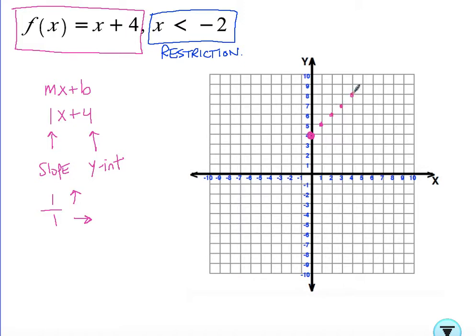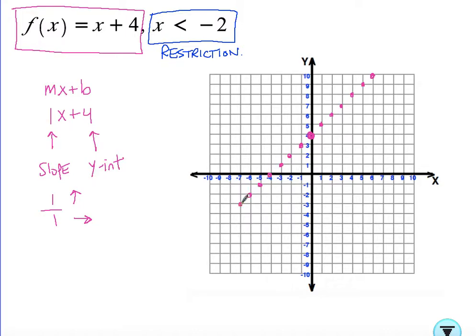Okay, and now I would recommend that you graph the entire line all the way as much as will fit on the graph. Because what you don't know yet is what the restriction is going to look like. So you need to continue the line in the opposite direction as well by going down 1 over 1 and get that line to fill up the entire graph.